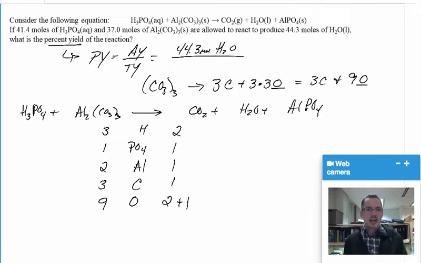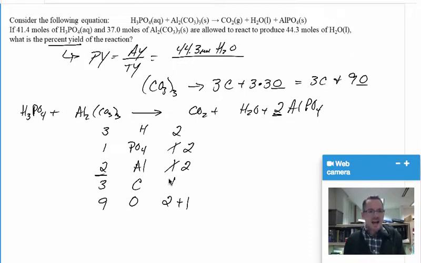So if I take a look at everything, one thing that really stands out to me is the unbalancing of my aluminum and my carbon. So I'm going to focus on the aluminum first because those tend to be the more complicated of the molecules. Since I have 2 aluminum on the left-hand side, I will put a 2 in front of my aluminum phosphate. So that 1 now becomes a 2, and the phosphates now also become a 2.